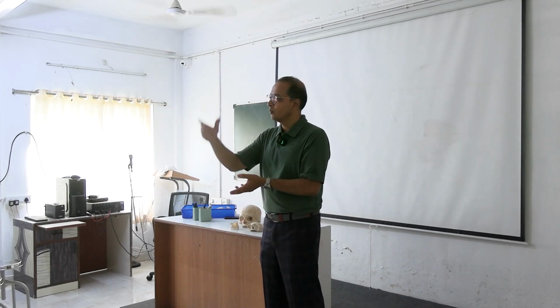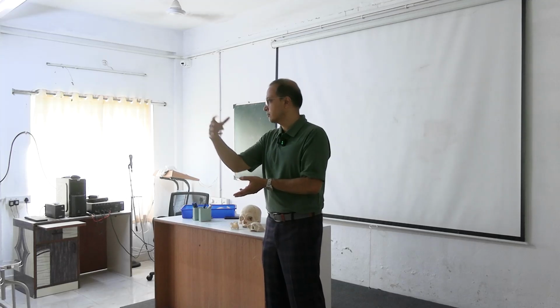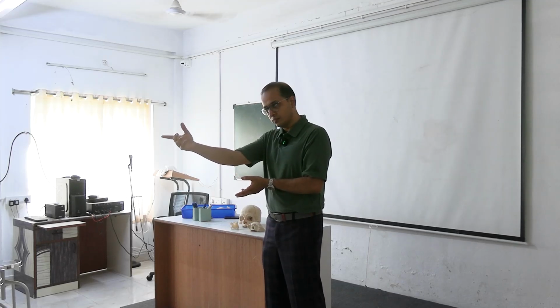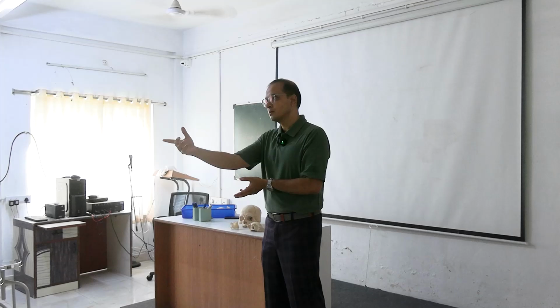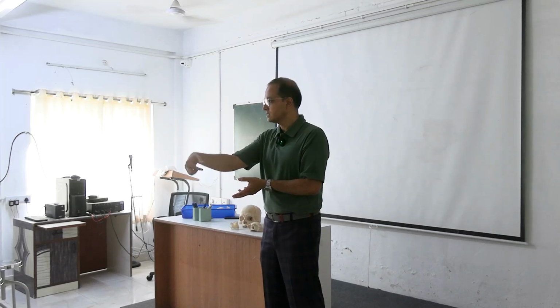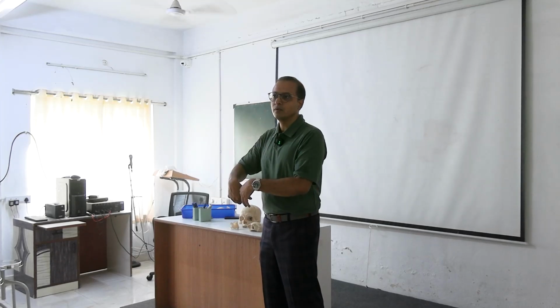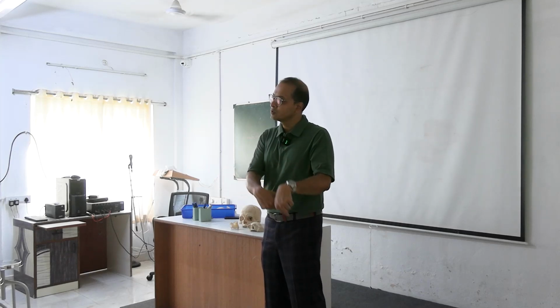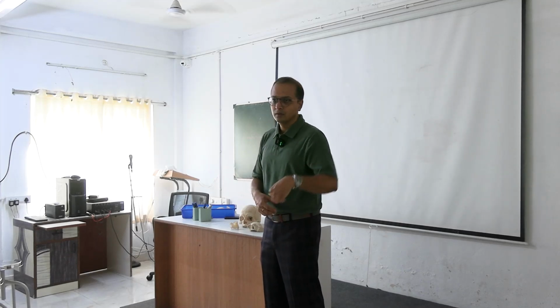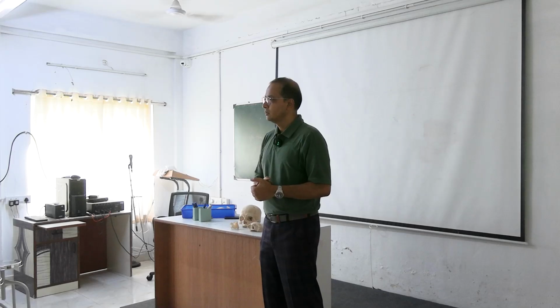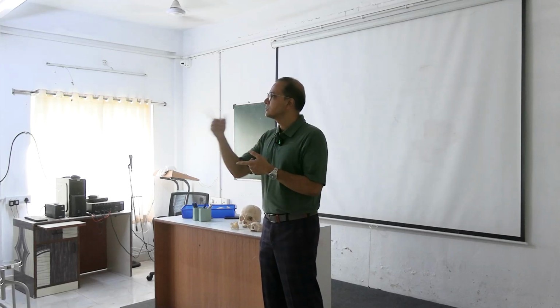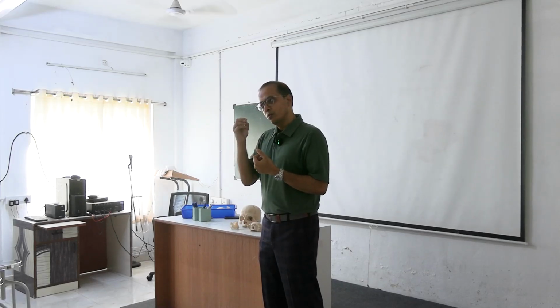If it is going to the cranial bones like frontal, we call them frontal air sinus. If it is going to the ethmoid bone, or the sphenoid bone, or the maxilla, out of these paranasal sinuses, the largest one we are born with.